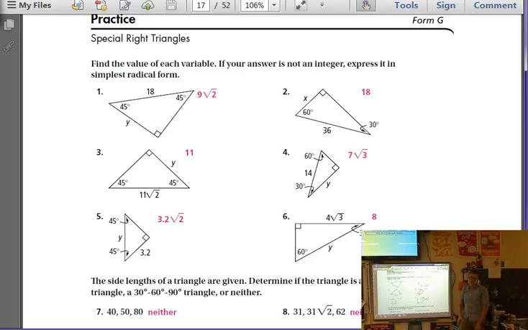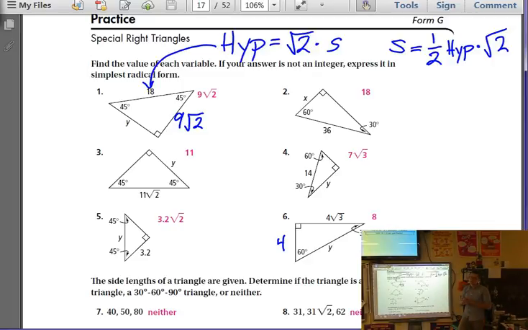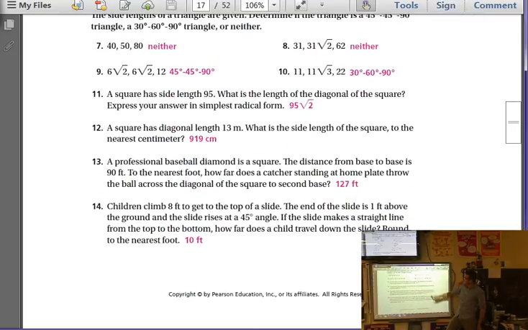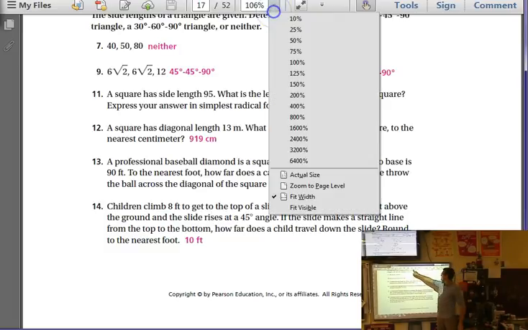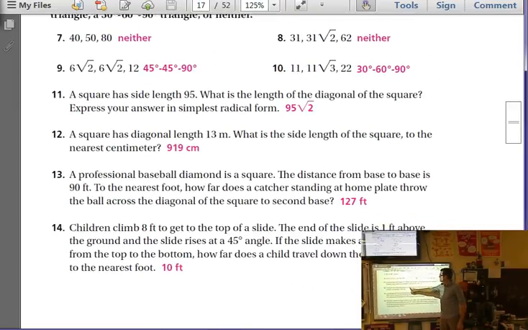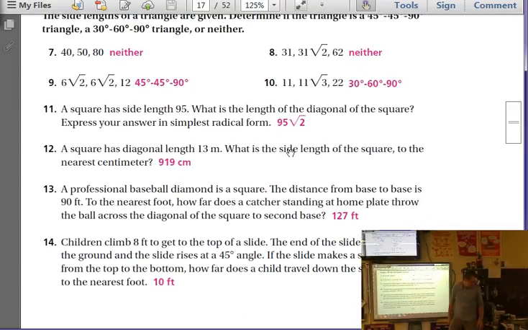Other questions? Moving on to 7 through 14. I guess I can zoom this a little bit more. Be kind to your eyeballs. It's in centimeters.